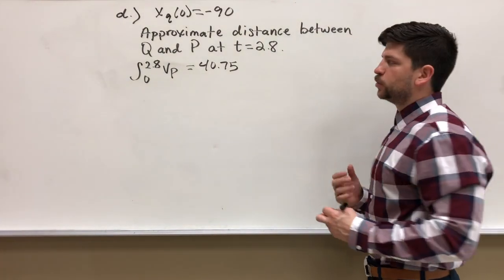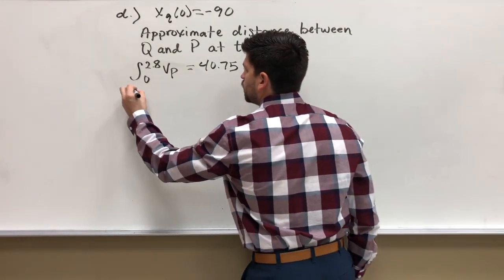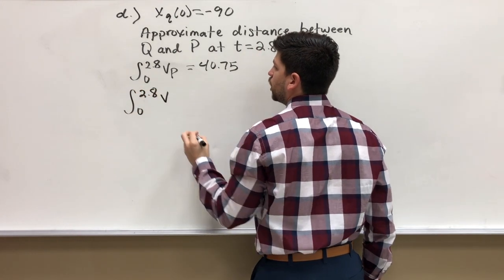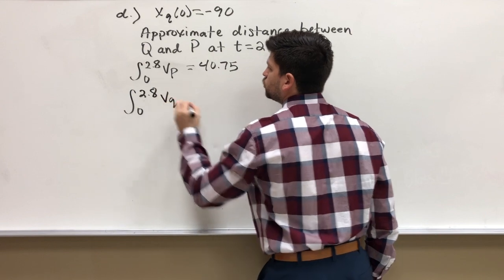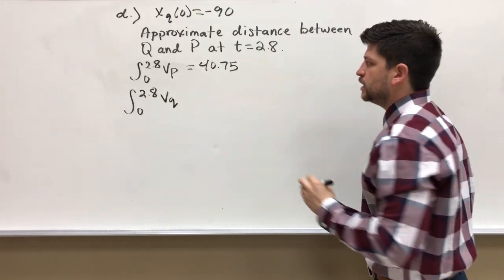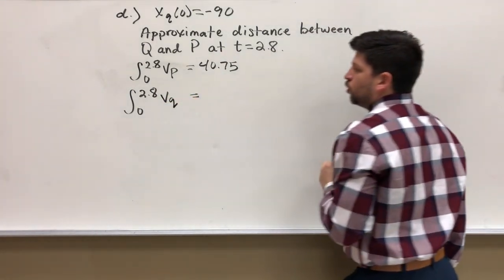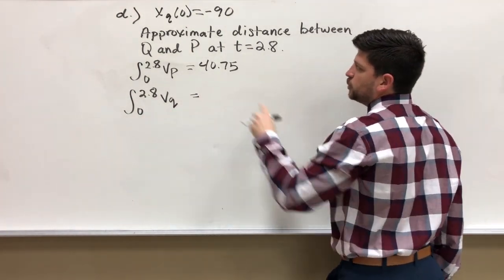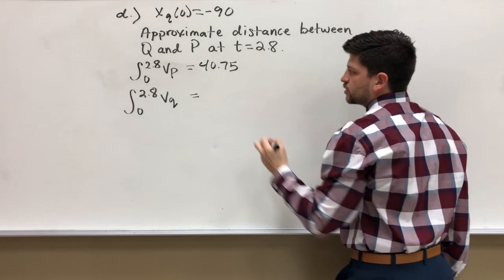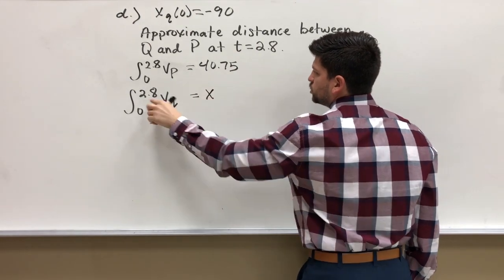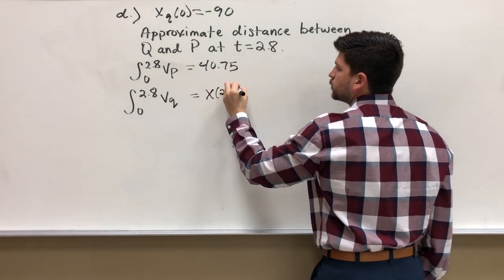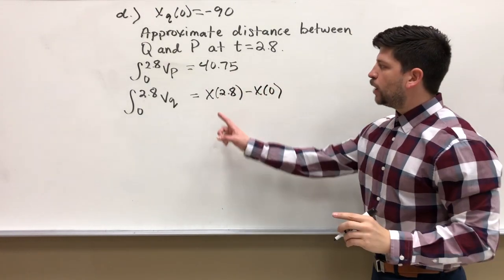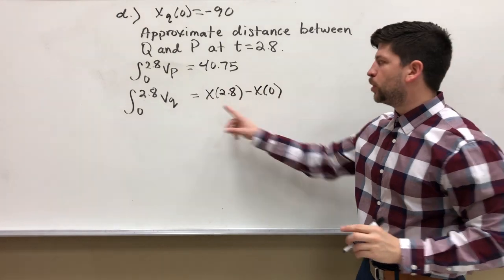Now, Q is going to be a little bit more difficult. So, I integrate from 0 to 2.8, but this time of my velocity of Q. All right? Now, when I integrate velocity, that gives me position. And typically position is denoted with an X. So that's going to represent the position at 2.8 minus the position at 0. So remember, I want to know what my position is at 2.8.